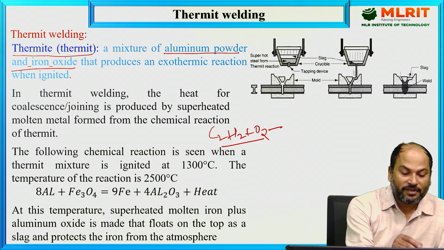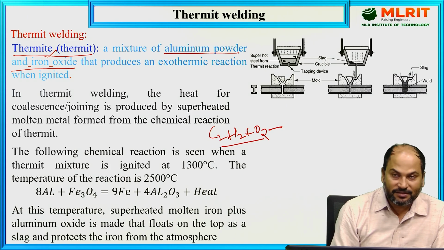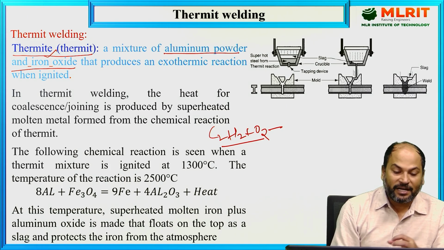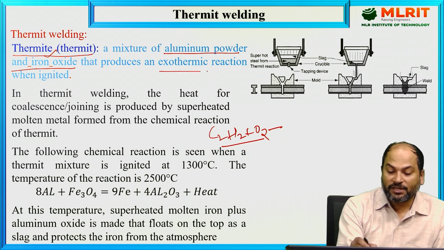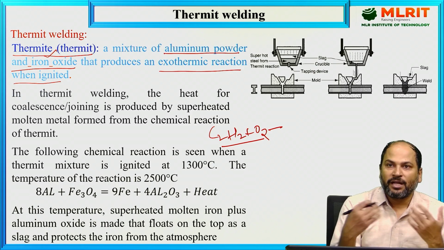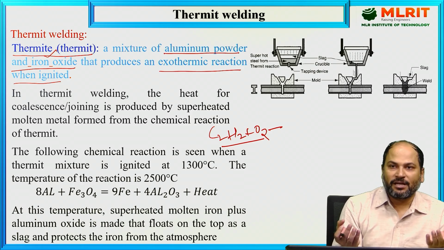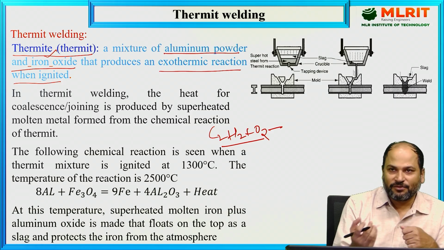This is a very important term to keep in mind. What is the meaning of thermite? It is a mixture of aluminum powder and iron oxide that produces an exothermic reaction. Exothermic means that when these two react, heat comes out. It is not endothermic, where we would have to supply heat for the reaction to start.